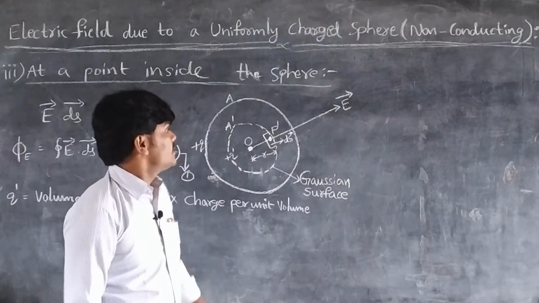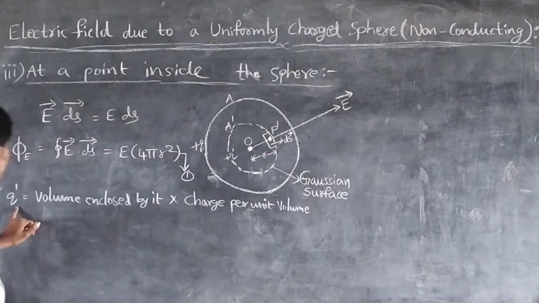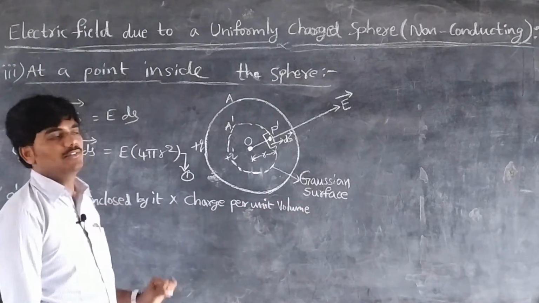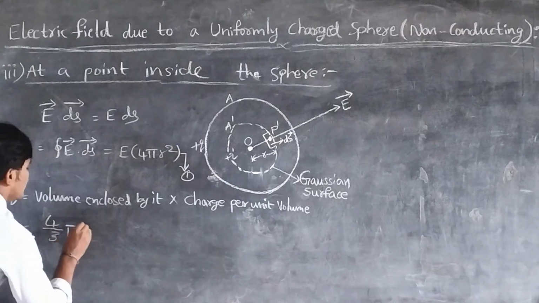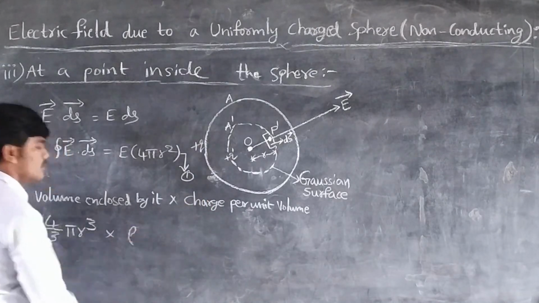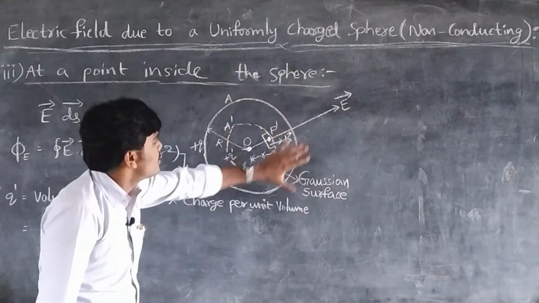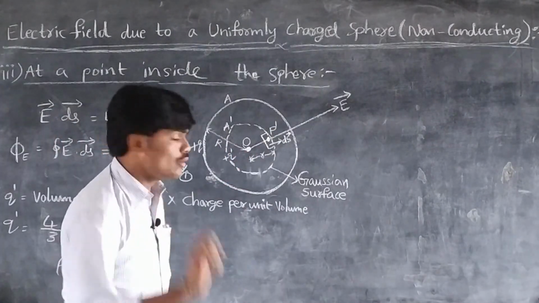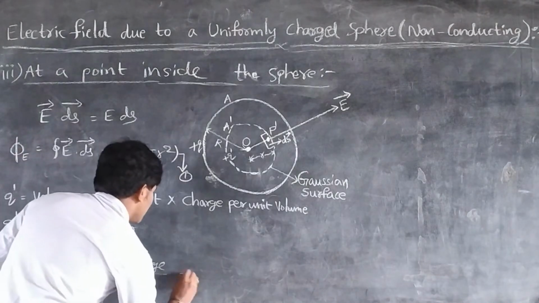The total charge enclosed by the Gaussian surface, Q dash, is given by the volume enclosed by it and the charge per unit volume. What is the volume here? 4 by 3 pi r cubed, and the charge per unit volume is rho. Here the charge Q is uniformly distributed over a sphere of radius capital R. Hence rho is equal to total charge by volume. What is the total charge?